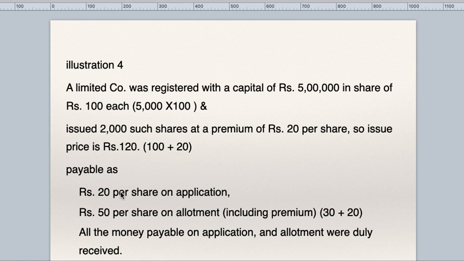Payable 20 on application, 50 on allotment including premium. So the breakup is 30 plus 20. 30 will go to share capital, 20 will go to securities premium. All money payable on application and allotment was duly received. So there is no default as regards allotment.